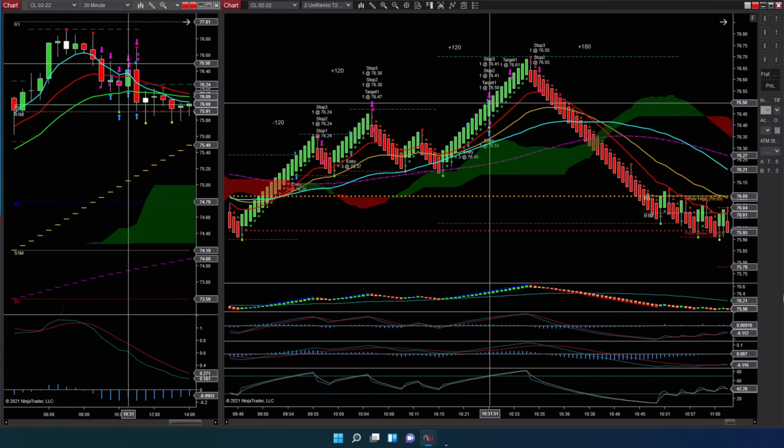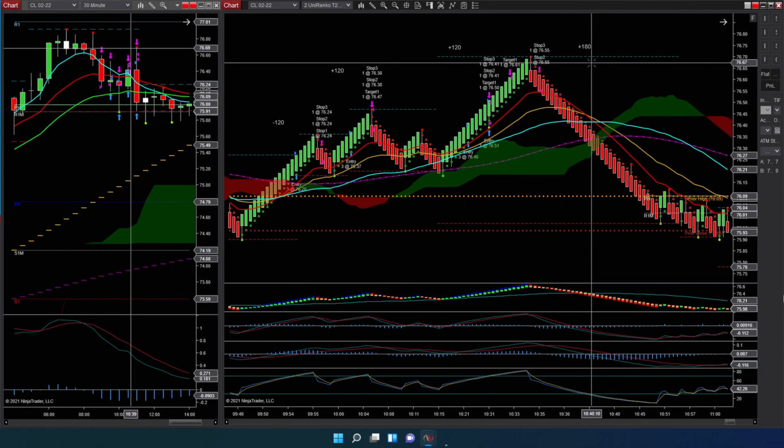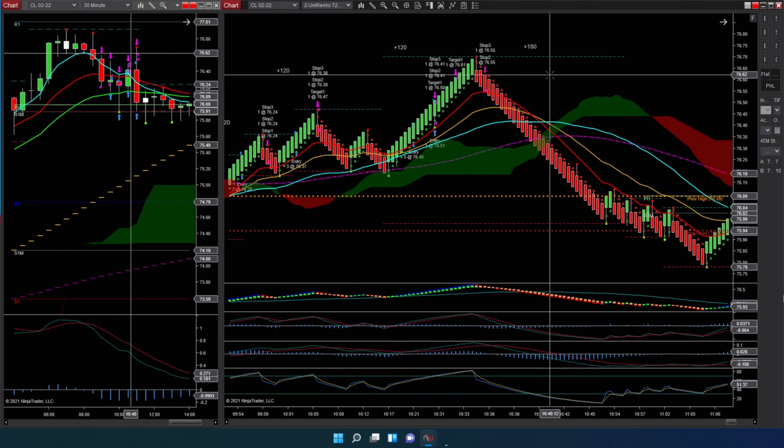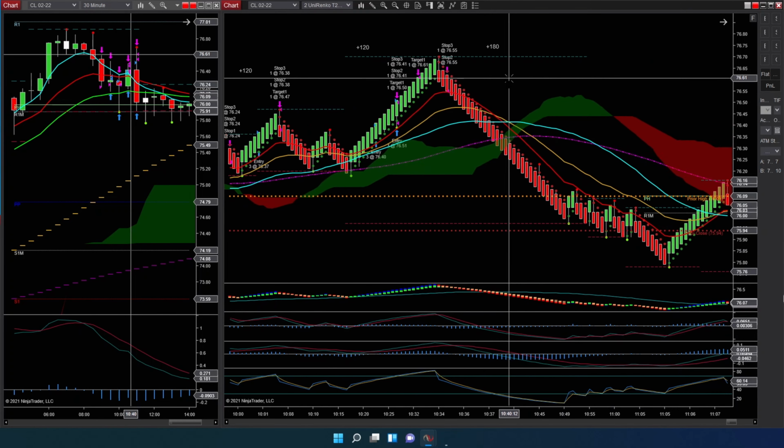So I took it again at this level right here when it moved to the upside again, and this one was good for $180. So the total for crude is minus $300 for today.